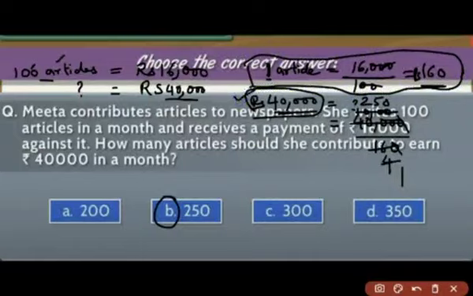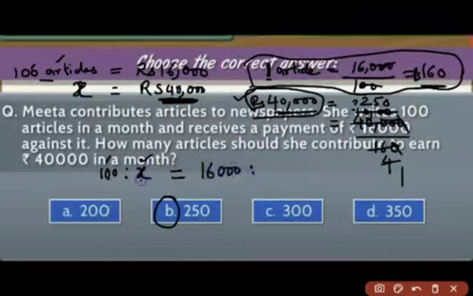If I go with the direct method, it is simple. If I take the number of articles to be written to get 40,000 rupees as X, so in the direct method I take the ratios: 100 is to X. I'm getting 16,000 for 100 articles, and for X articles, 40,000.